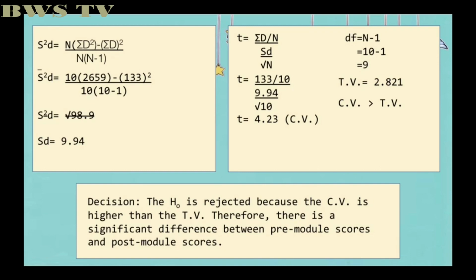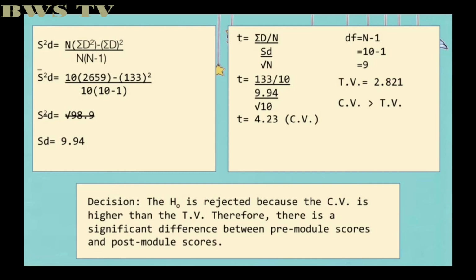That is our standard deviation. Then we find t: summation of D over N over standard deviation over square root of N. Substituting 133 over 10 over 9.94 over square root of 10, our t is 4.23, or computed value.